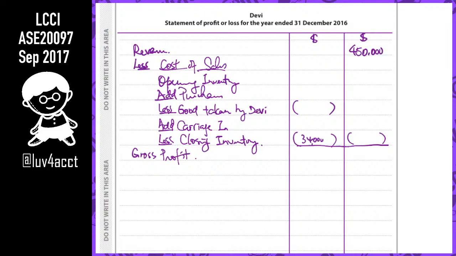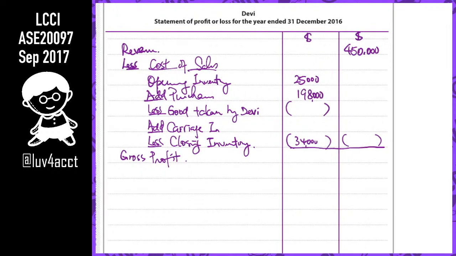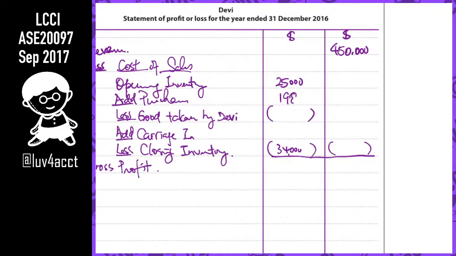450,000, opening inventory 25,000, purchases 198,000, and then goods taken. Oh, sorry. Then it should be, if we put the adjustment in separate lines, so 199, 1,000, 2,000.